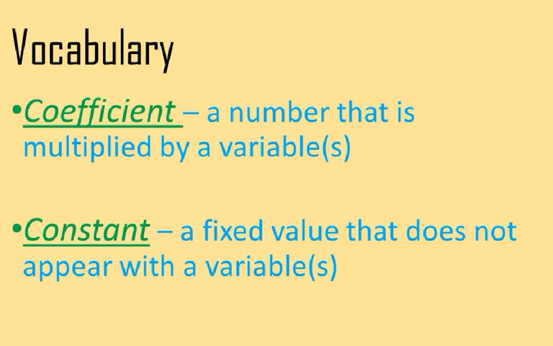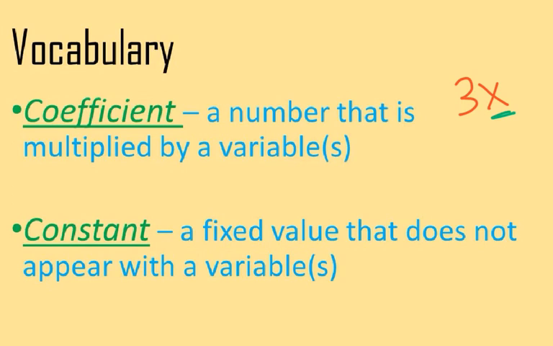Two words you need to be familiar with, our vocabulary words, are coefficient and constant. Coefficient is a number that is multiplied by a variable. For instance, if I wrote the expression 3x, we understand that x is a variable.